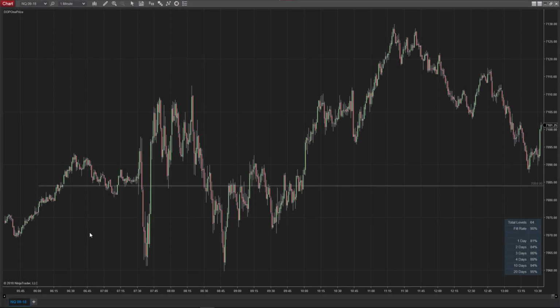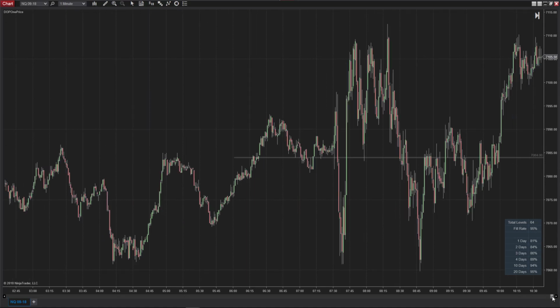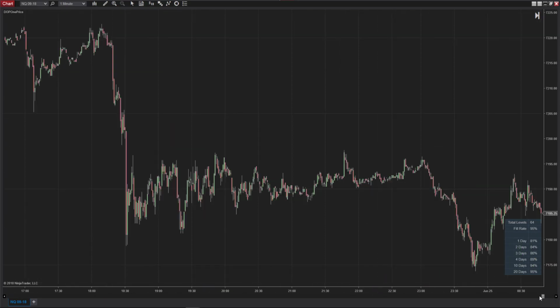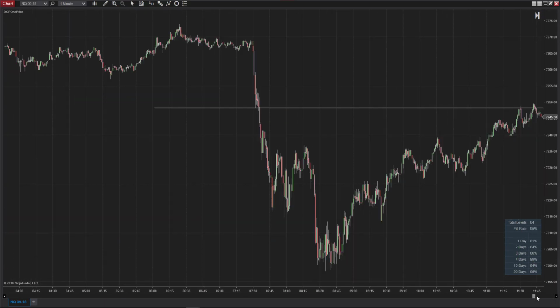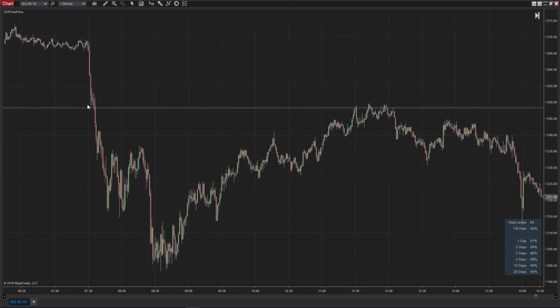Those of you that trade the NQ, same thing. Initially we had a nice bounce off of this, and we've tested it multiple times. It kind of acts like a pivot in this case. That was today.